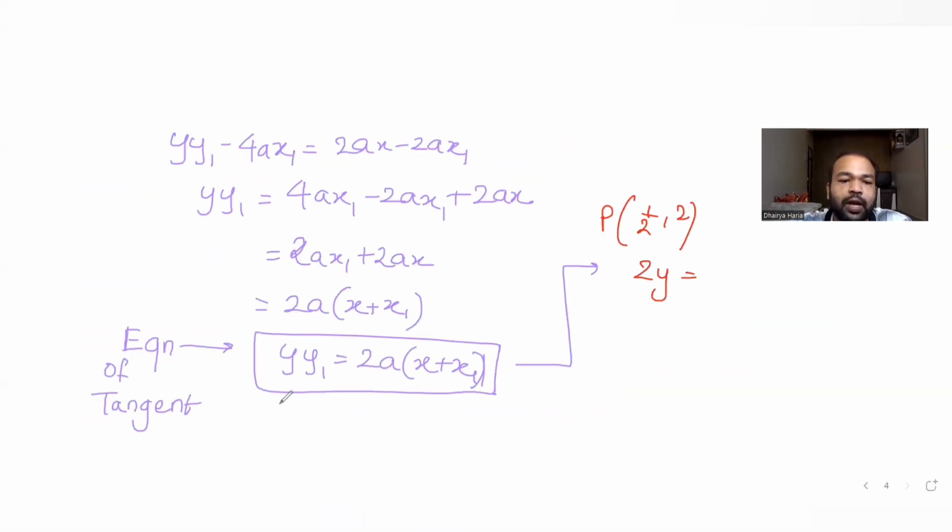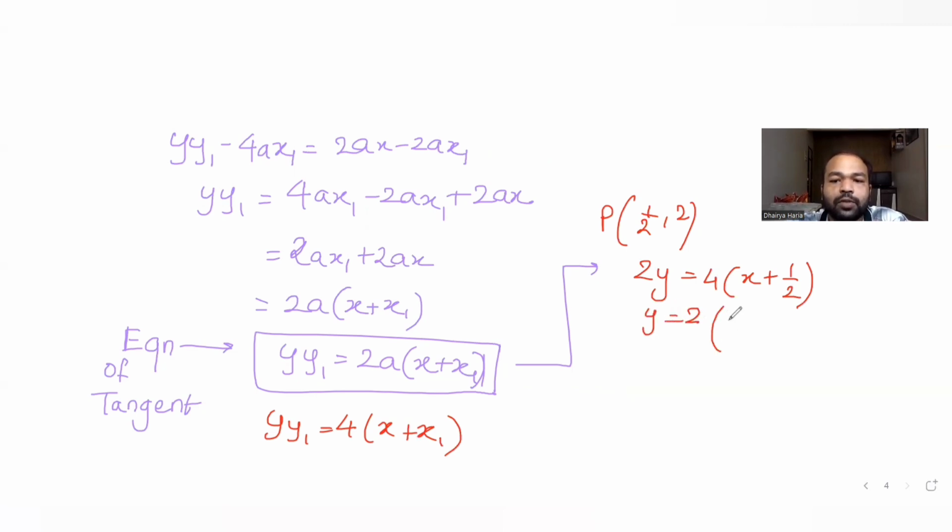So if I substitute a directly here, my equation of tangent becomes 2y equal to 2 into 2, that is 4, into x plus x1. So you have 2y is equal to 4 into x plus half. If I solve this expression, y becomes 2 times x plus half, because I'm taking this 2 to the other side, so 4 divided by 2 is 2. If I solve this further, I get y is 2x plus 2 into half, that is 1. So you get one equation of tangent at P. So this is one equation.